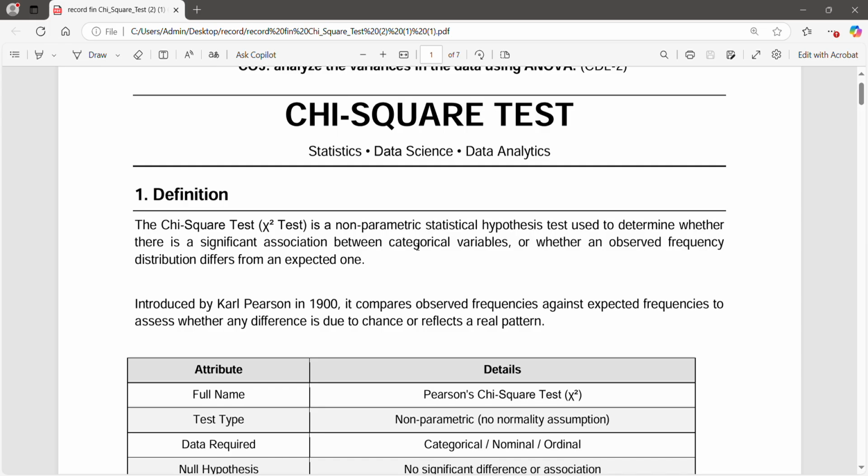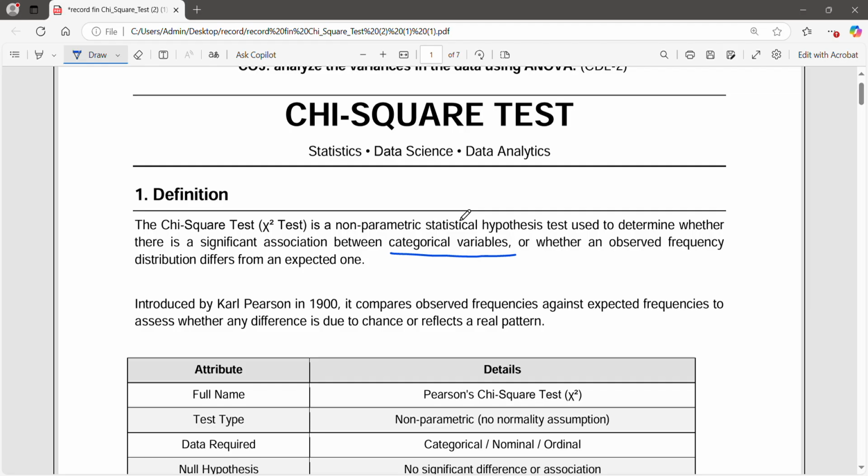The definition of chi-square test is it is a non-parametric statistical hypothesis test that is used to determine whether there is a significant association between categorical variables, not numerical, and whether an observed frequency distribution differs from the expected one. So we first point out the categorical variables. What do we mean by categorical data?